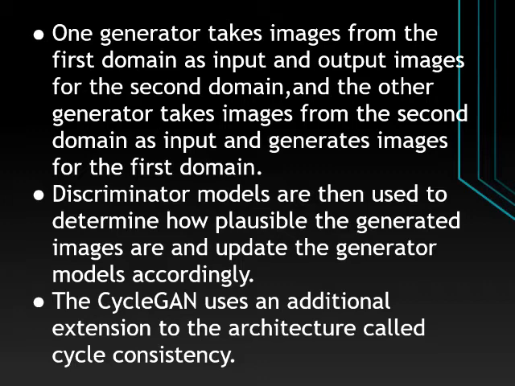So now let me go through the term known as cycle consistency loss. It is very important in CycleGAN. When we translate an image, that is the original image to the translated image, the original image has some loss. So these two generators will try to minimize the loss, and this loss is called cycle consistency loss.